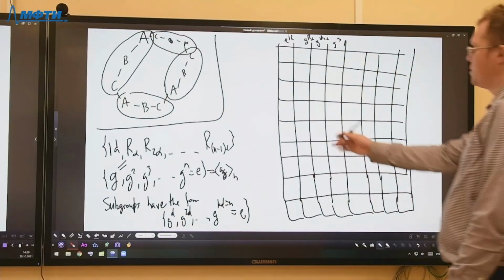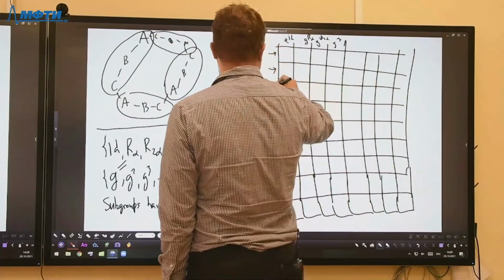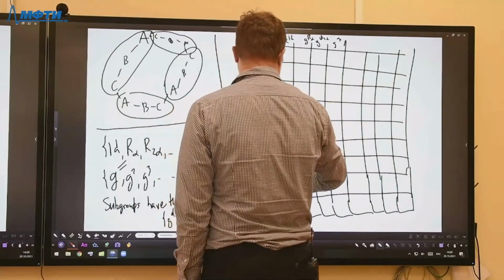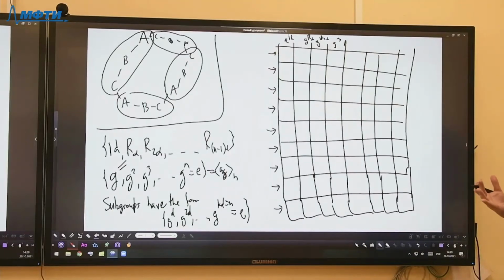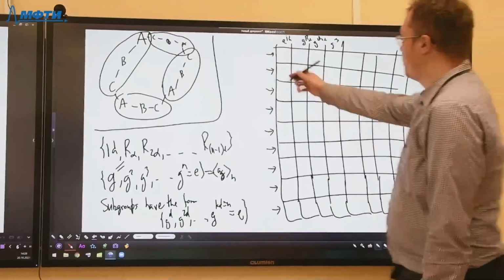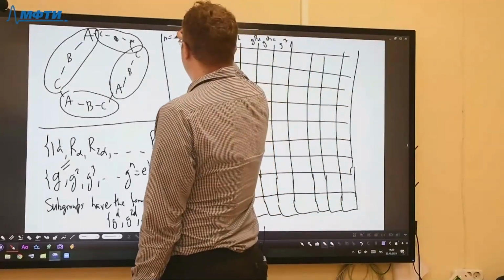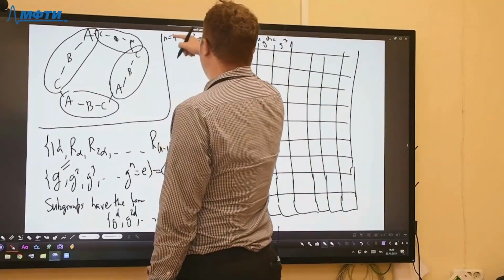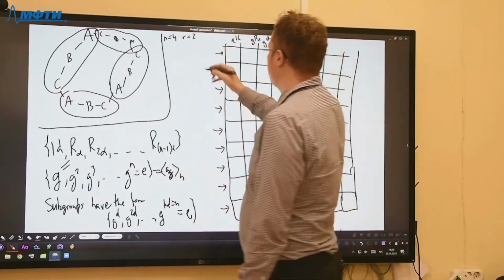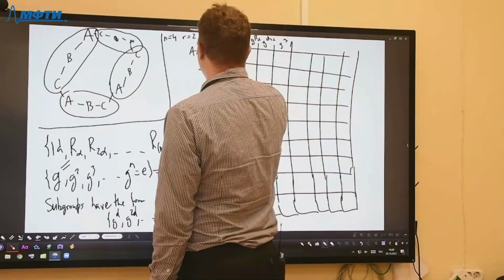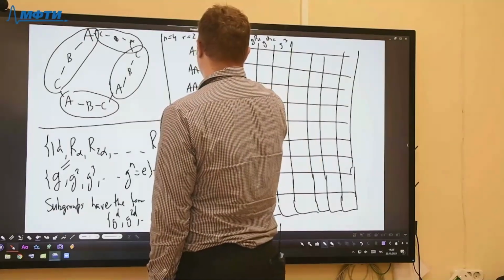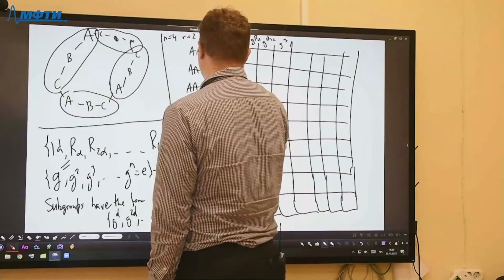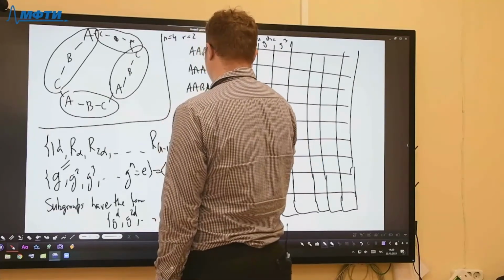And so by the rows, we will have all the usual words in the alphabet of r symbols. So for example, if we have n equal 4 and r equal 2, then I will write all the words.